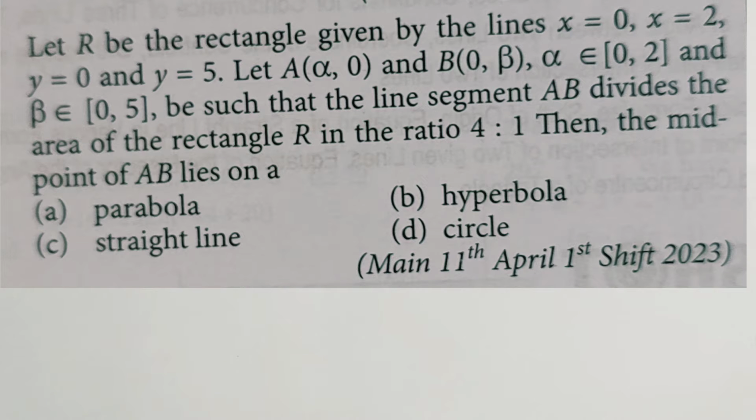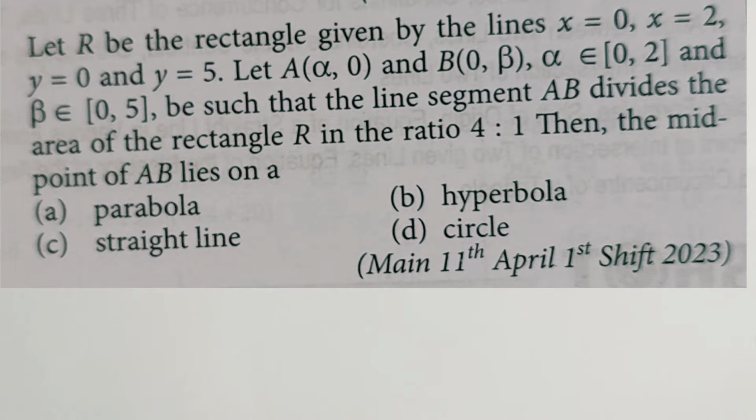Today's problem is from JEE Main 2023, and this is from coordinate geometry. Let R be a rectangle given by the lines x equal to 0, x equal to 2, y equal to 0, y equal to 5.